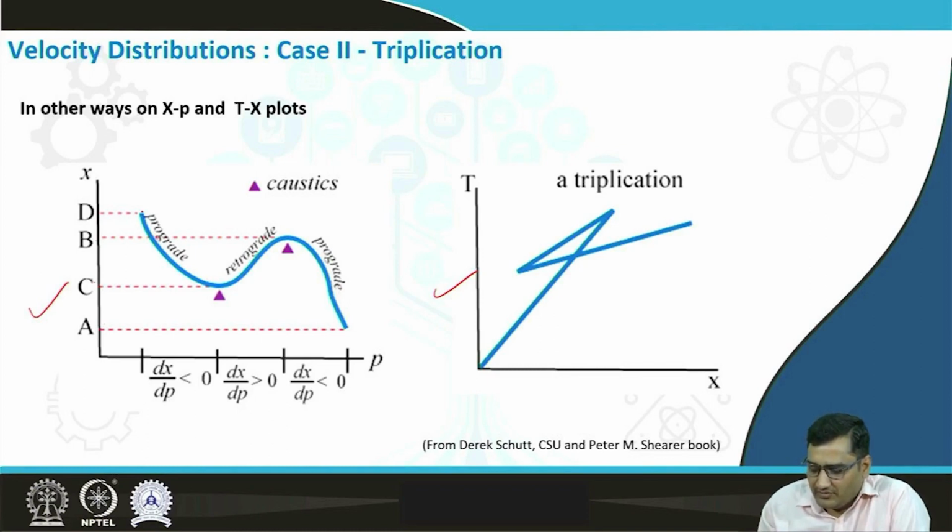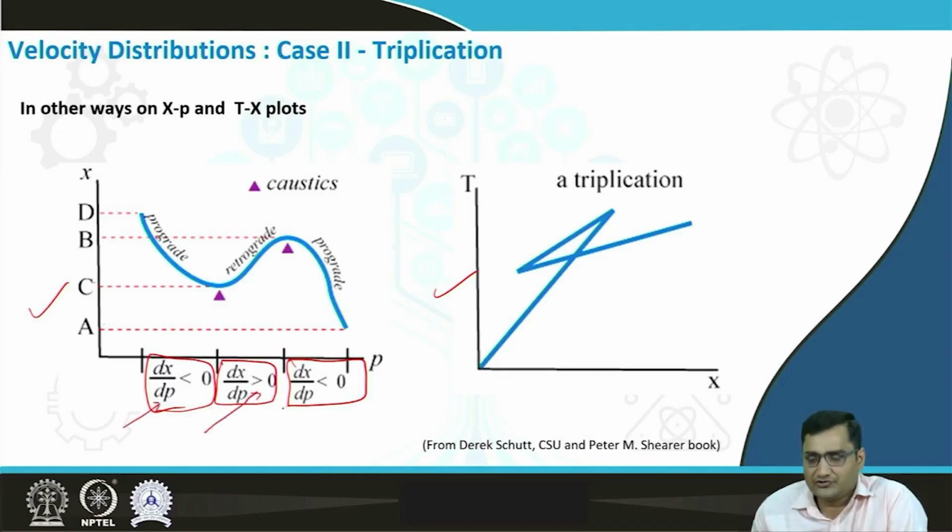For the forward branches, dx by dp is less than 0. For the backward branch, dx by dp is greater than 0. This is associated with prograde motion, this with retrograde motion, and this with prograde motion again. And on the tx plot, you will see that three rays are coming at the same time, and this phenomenon is known as triplication.